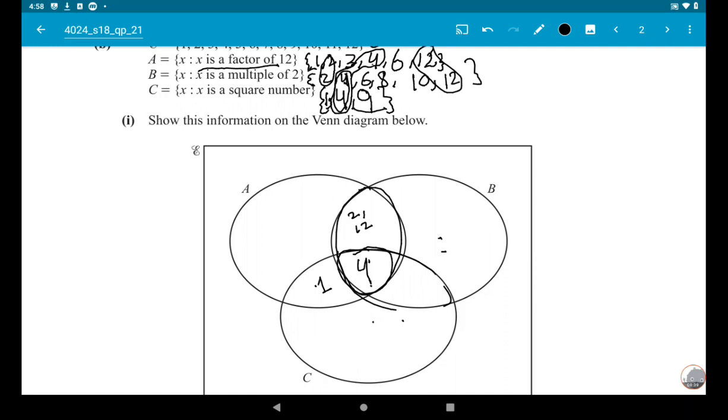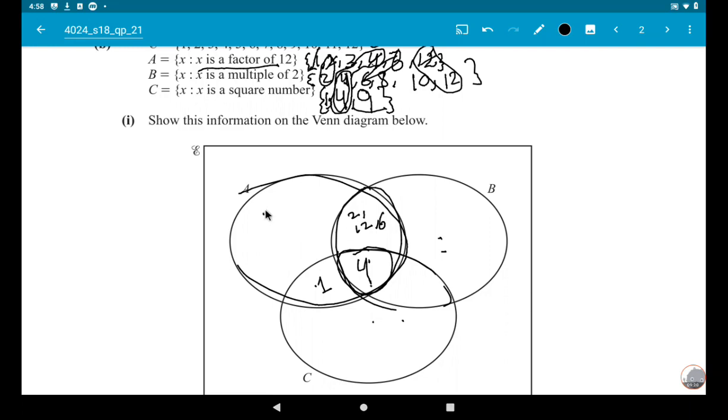Now the other remaining numbers of A, B and C we will write in the circles. So in A we have 1, 2, 4 and 12, and the other remaining numbers are 6 also, and 3.